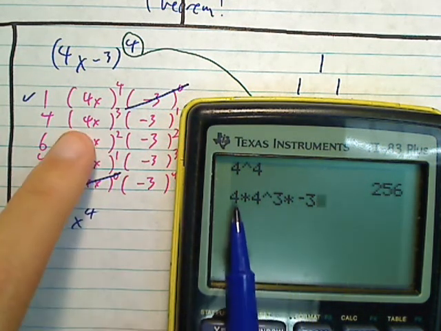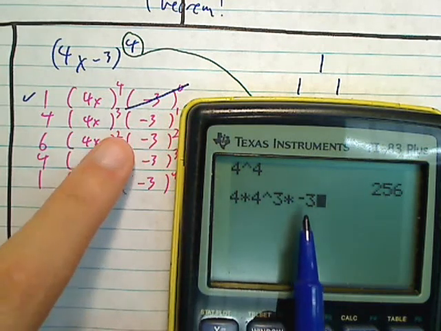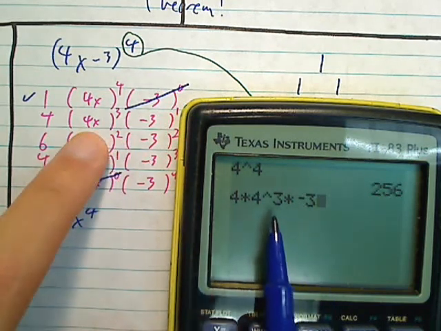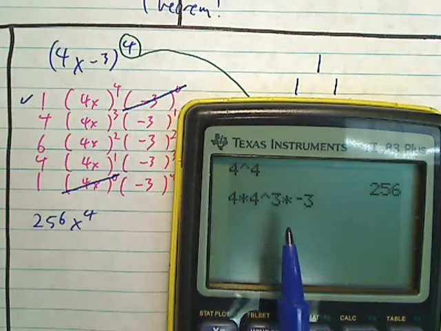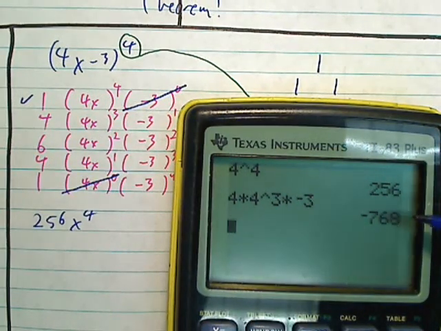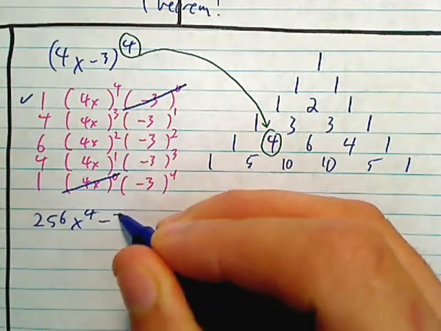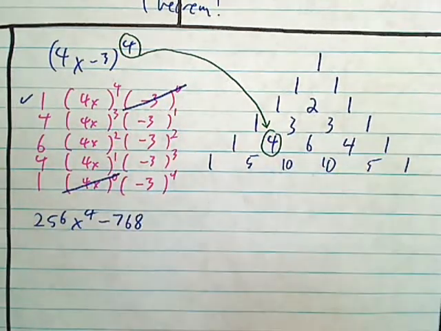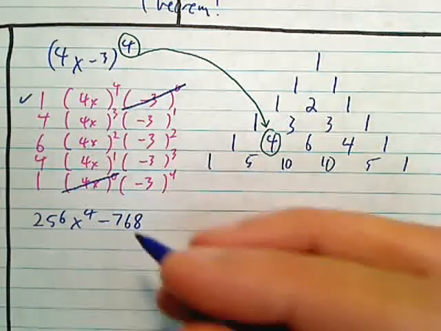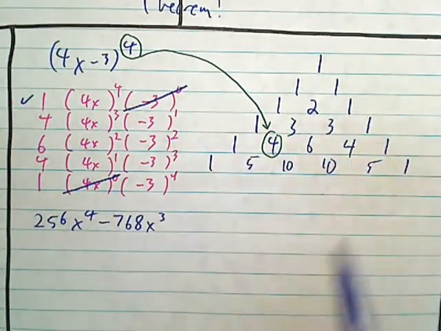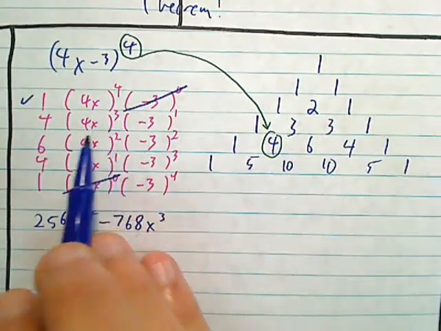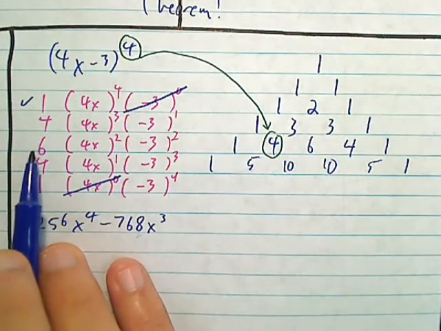So what I did is I wrote this out without the x, because the x I will write later. So the coefficient, let me hit enter here, it'll be -768. And then it's going to be x to the 3rd power. So whatever the x is, I just copy it from right there.